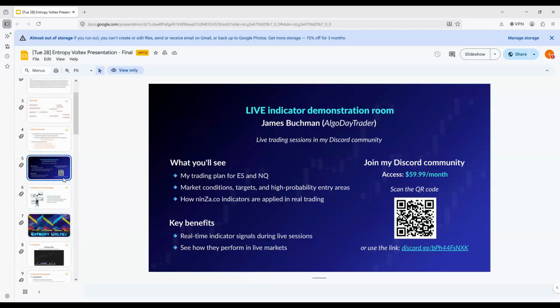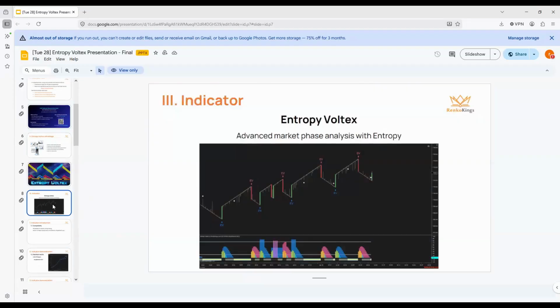All right, let's get to Entropy Voltex. What this indicator is all about is it looks to determine if we have stable price action conditions, if the market is stable or unstable.